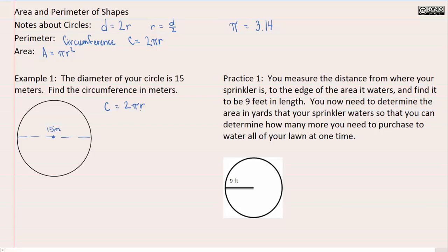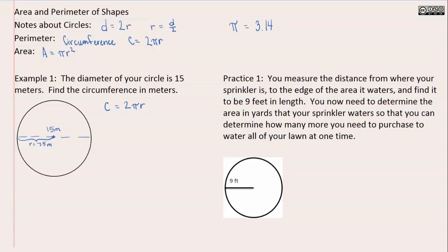This means we need to know the radius. Since the radius is equal to the diameter divided by 2, we divide 15 by 2 and find that the radius equals 7.5 meters, which is the distance of just half of the diameter, or from the center point to the edge.